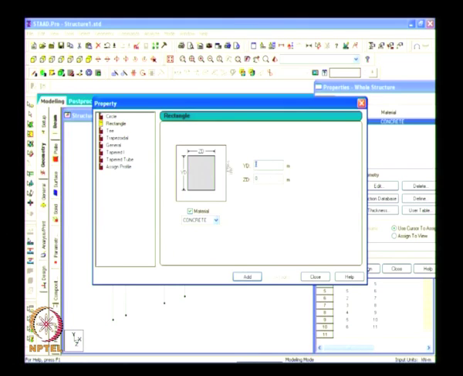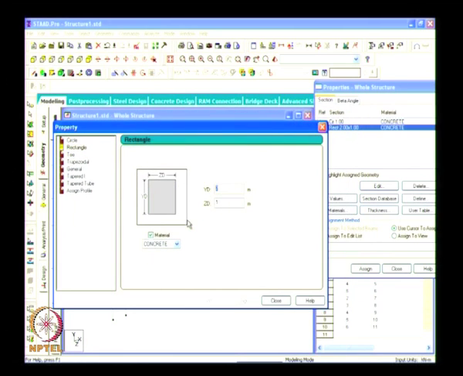So we are giving a rectangular beam 1 meter by 2 meter, 1 meter in the depth direction YD, ZD is perpendicular to the plane of this frame, 1 meter is the width of the beam. This is for the diaphragm wall. Thickness of the diaphragm wall is 1 meter, that is given as 1 meter.